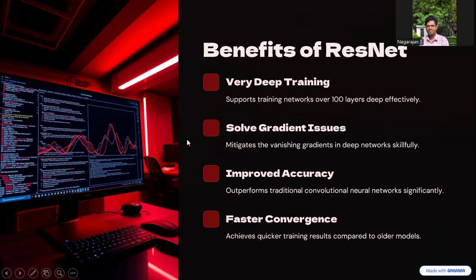It gives improved accuracy, because compared to other CNN models it successfully gives good results and outperforms them. And it gives faster convergence: it quickly achieves training results compared to older models.